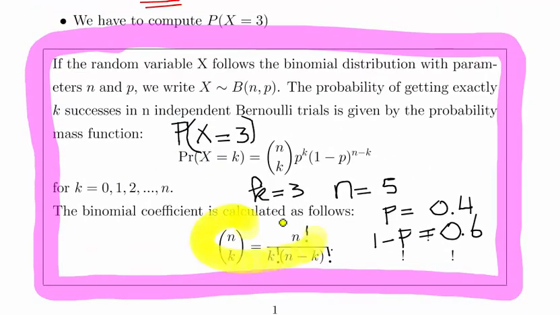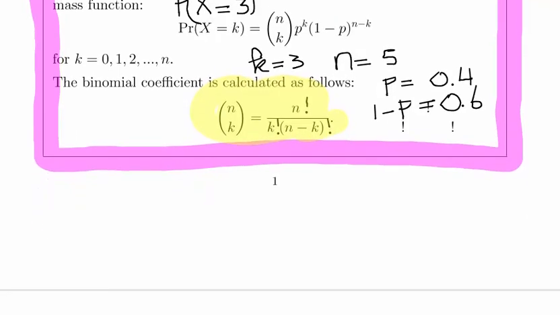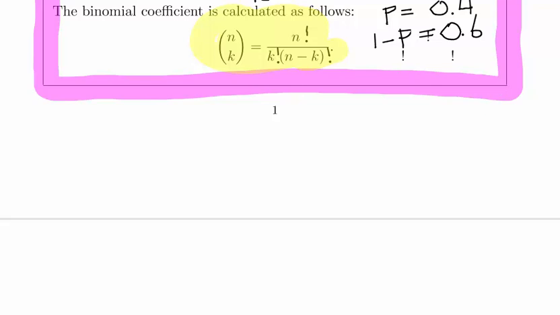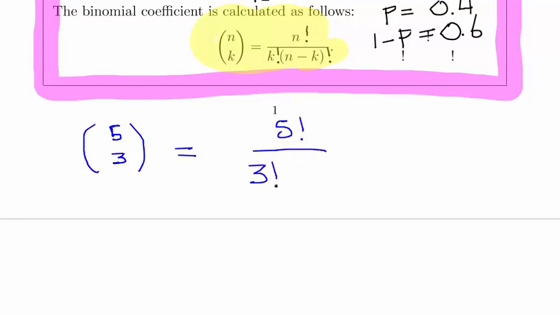Now, I'll look at this part here, binomial coefficients. I'll do that one out here. You have to practice with these. So n is 5, and k is equal to 3. What we have here is 5 factorial over 3 factorial times 2 factorial.